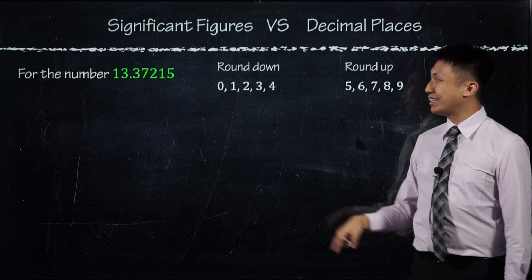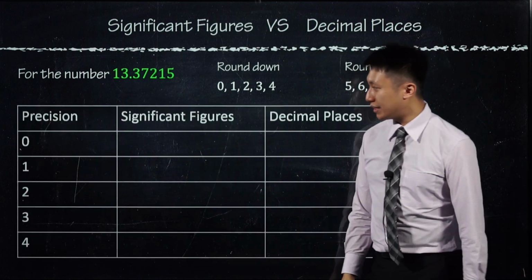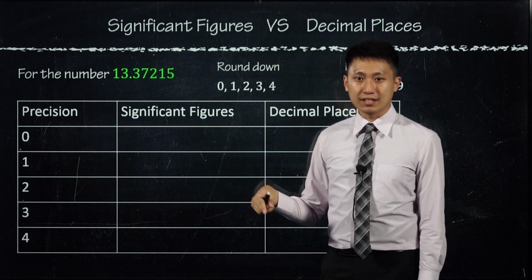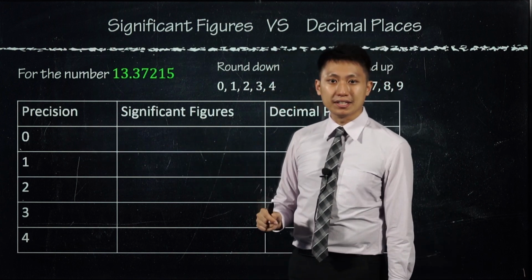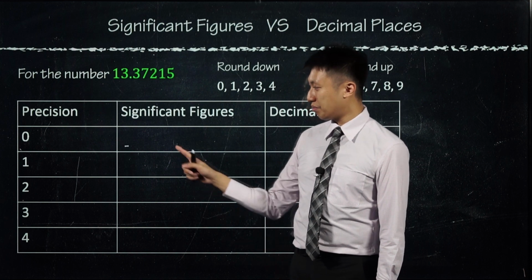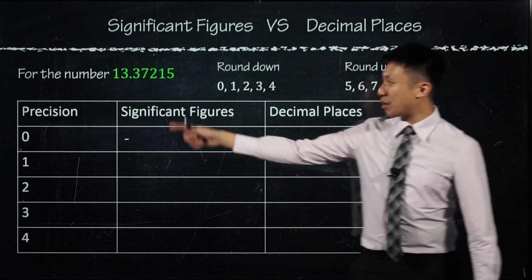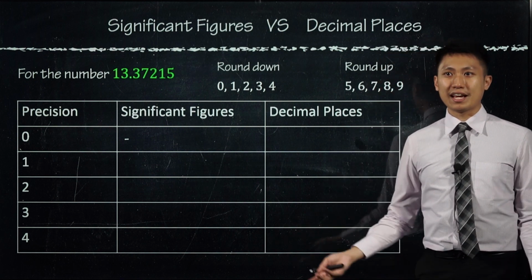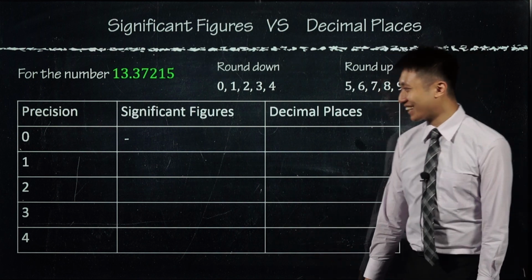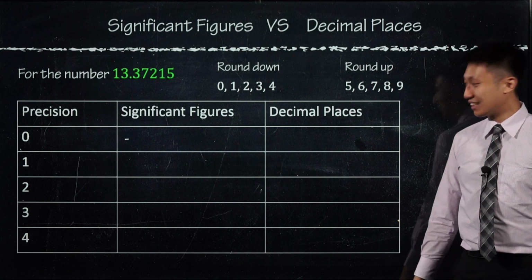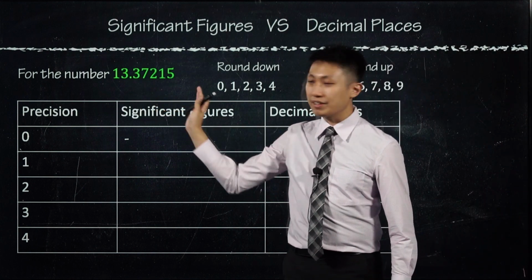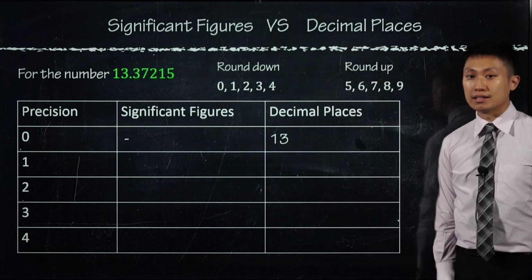For this number, if I want 0 significant figures, it is not possible. How can you talk about a number without any significant figure? You're not going to say anything like that. Nothing. Now decimal places. I want 0 decimal places, which means nothing after the dot, so 13.